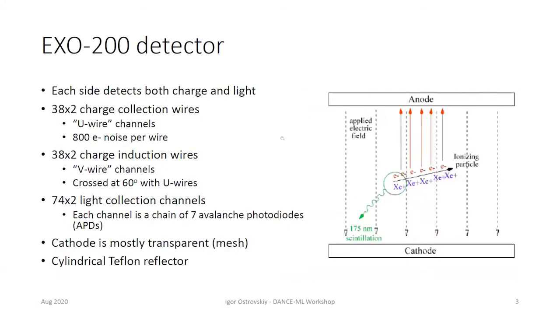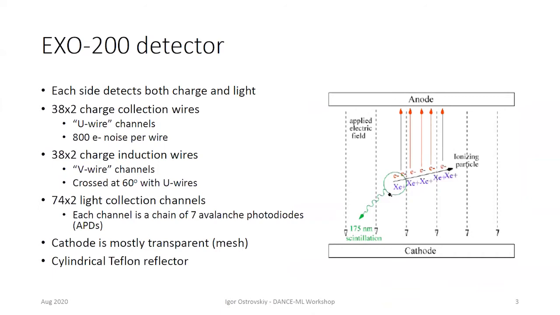So we have something like 76 wires that collect the charge, and we have something like 148 avalanche photodiodes that collect the light. So for each event, we have these two information channels that allow us to measure energy and position from those distinct physical processes.